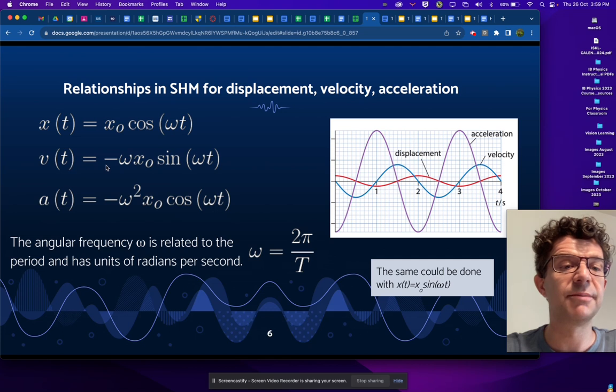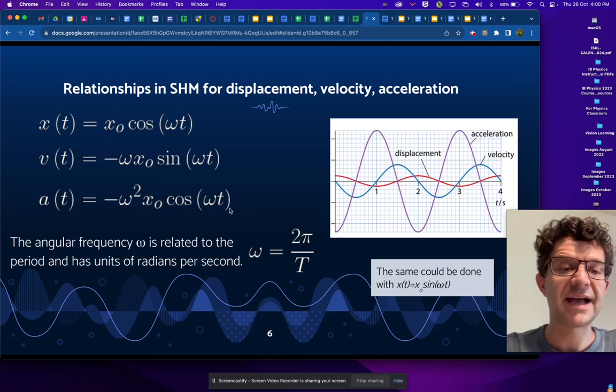So the velocity will be negative omega times x0 sine of omega t. And of course, taking the second derivative, the negative omega x0 stays out in front. The derivative of sine of omega t will be cosine of omega t. So there's two omegas now, and you have negative omega squared x0 cosine omega t.